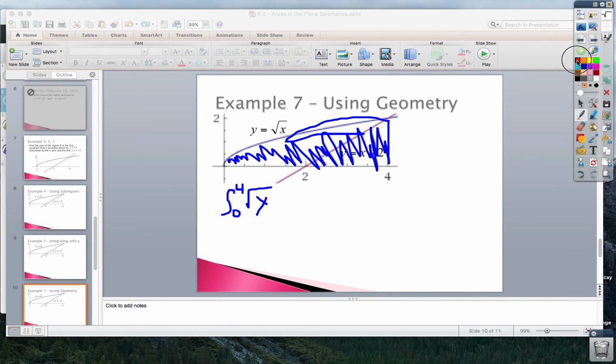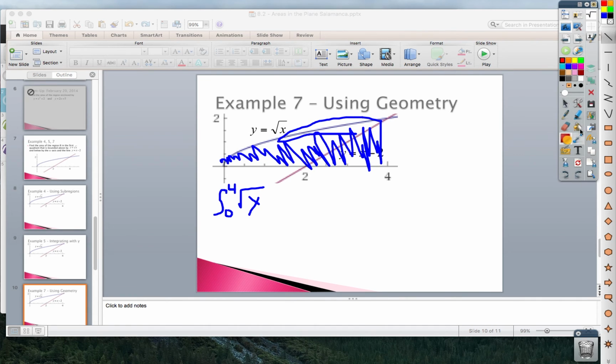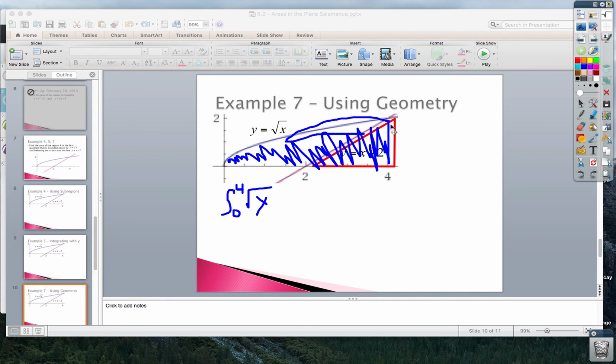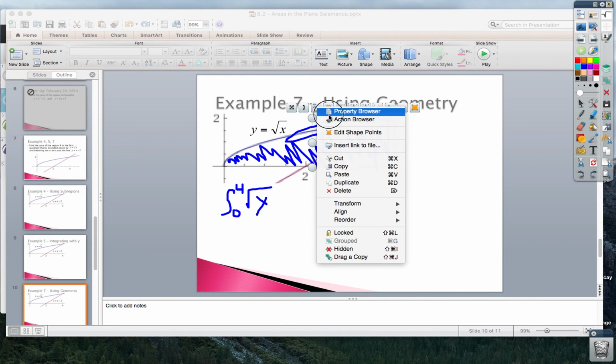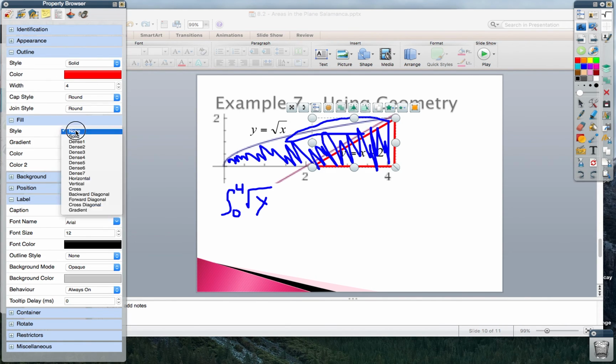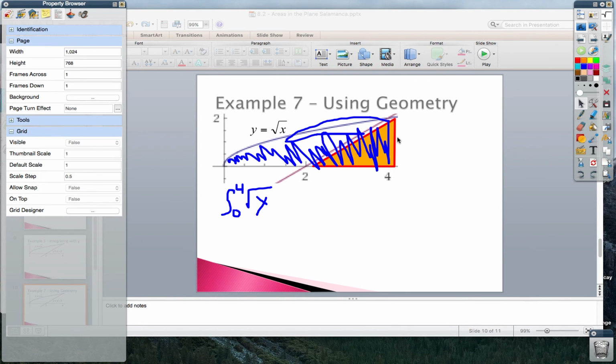We wanted everything except from 2 to 4, all the way up to 4, and then back down. So what happens when we do this, we get a triangle like so.